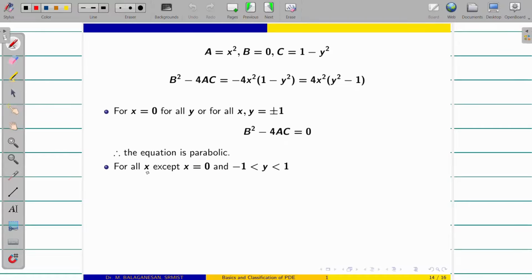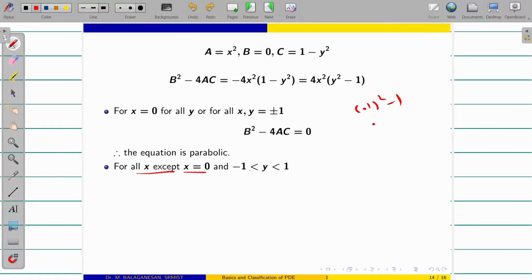Next, for all x except x equal to 0, and the y value, as I told you already, y square equal to 1, y equal to plus or minus 1, lying inside. Lying inside means what? Give 0.1, what will happen? The y value 0.1 or minus 0.1, because y square is there, for both it will be the same. It will be 0.1 square minus 1. You will get a negative value only.